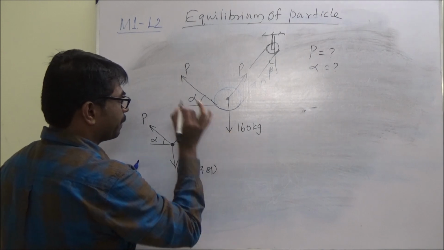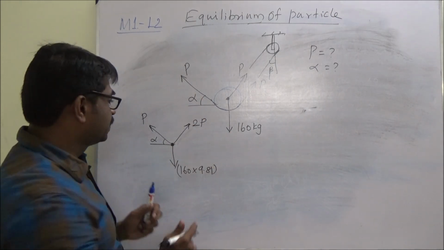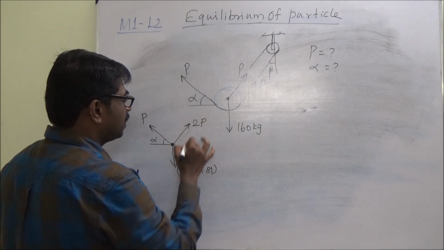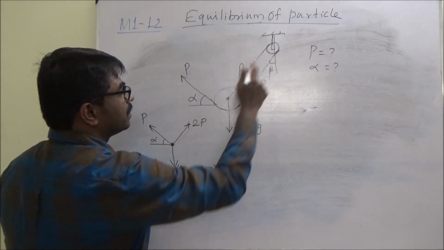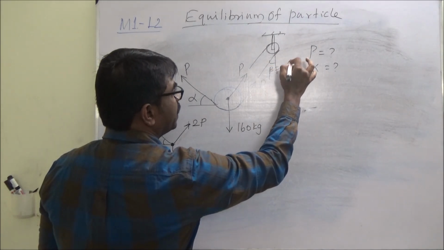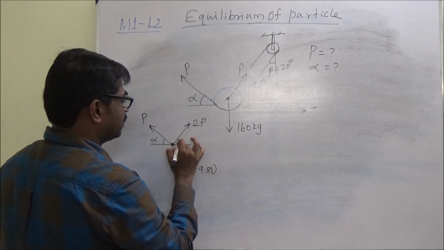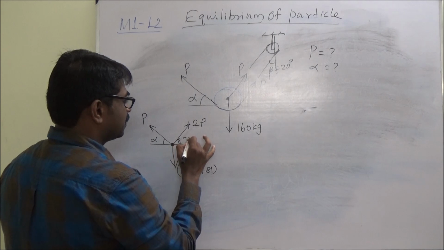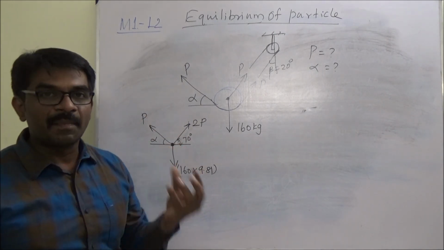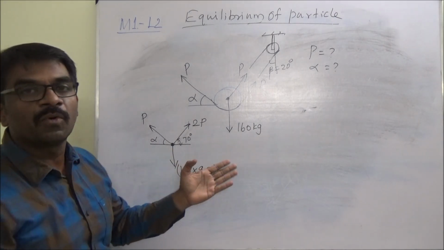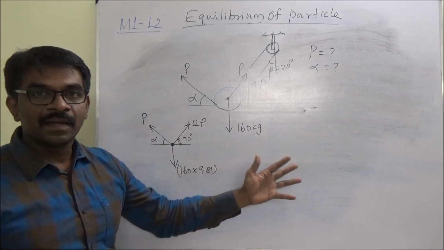It is 2P, right? And this theta is 20 degree. It is given beta equal to 20 degree. So this angle is 70 degree. Now you can use Lami principle, or now I am going to use the equilibrium equation.